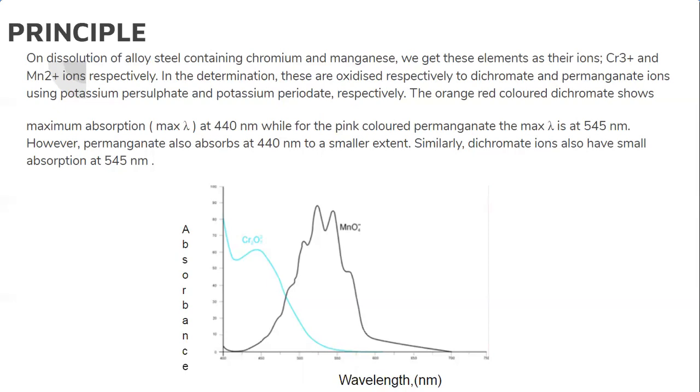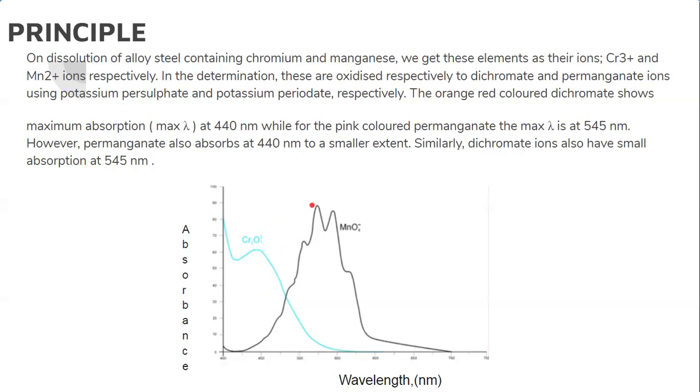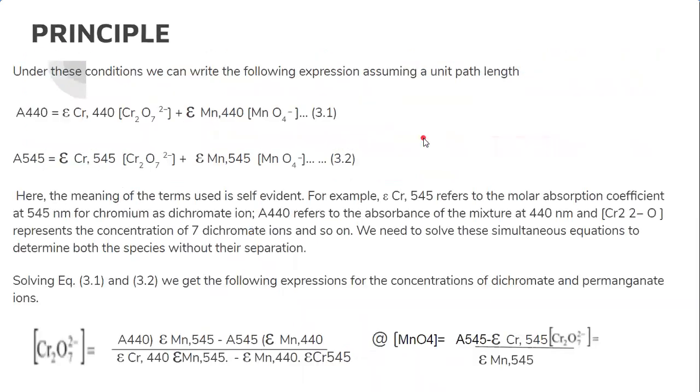So we run the scan, and with the help of the scan we can identify the lambda maximum, and then we identify the absorption at these wavelengths. That means we select the filter of the spectrophotometer corresponding to 440 nanometers and 545 nanometers. In other words, we measure the absorbance at 440 nanometers and 545 nanometers respectively for dichromate and permanganate ions.